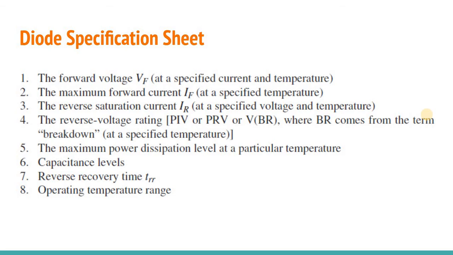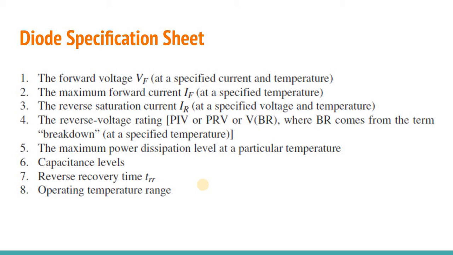So every diode has a specification sheet, and those data sheets have the following data. First, the forward voltage or V sub F, and then the maximum forward current I sub F, the reverse saturation current I sub R, the reverse voltage rating, or in the datasheet it is called VR, that means a breakdown.